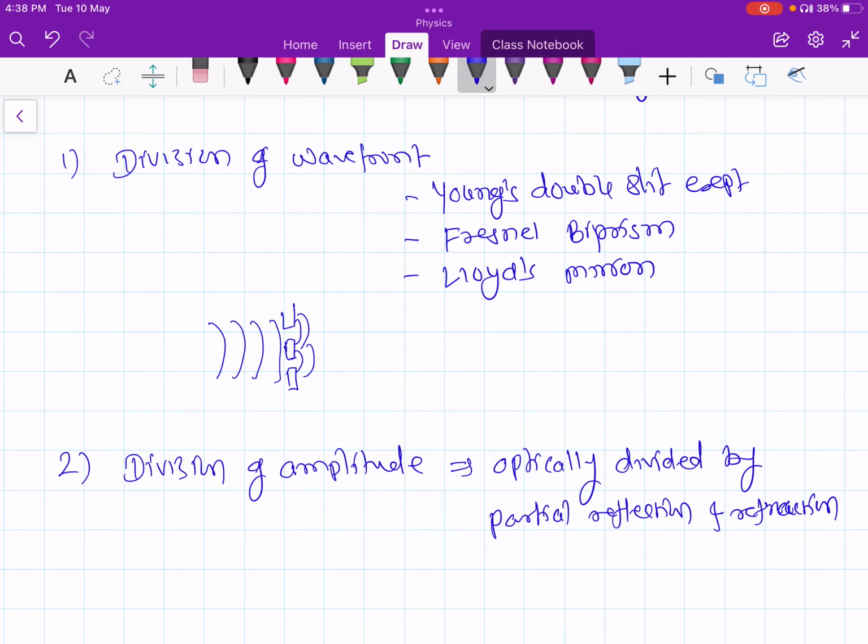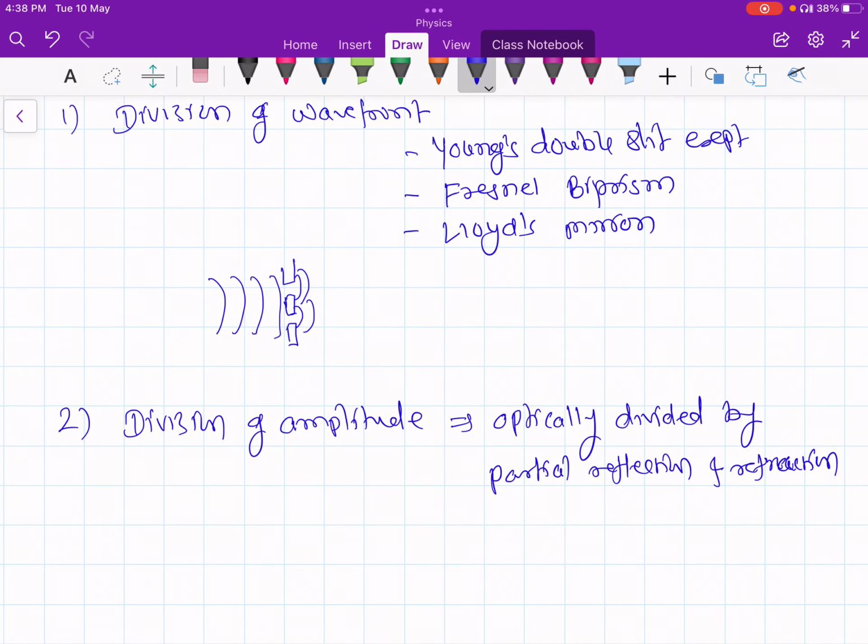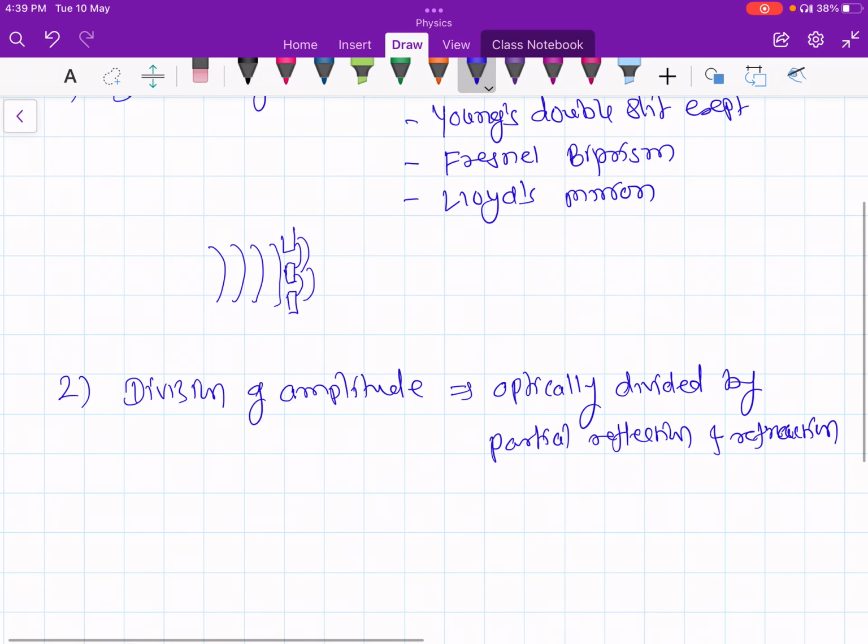So in the transmitted light by partial refraction, instead of one beam, we get two beams, or multiple beams, which are derived from the single beam. That is the second method.